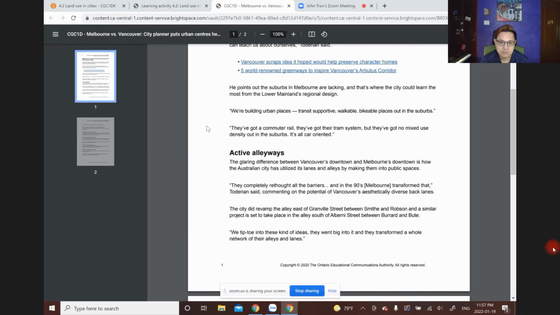Melbourne transformed that terrain, said Tran, commenting on the potential of Vancouver's aesthetically diverse back lanes. The city did revamp the alley east of Granville Street between Smith and Robson, and a similar project is set to take place in the alley south of Albany Street between Borough and Boot.